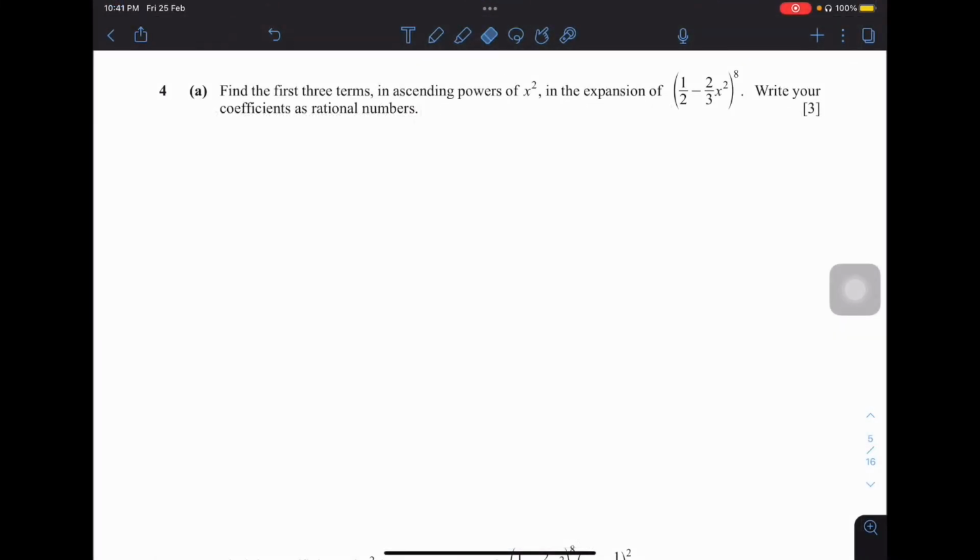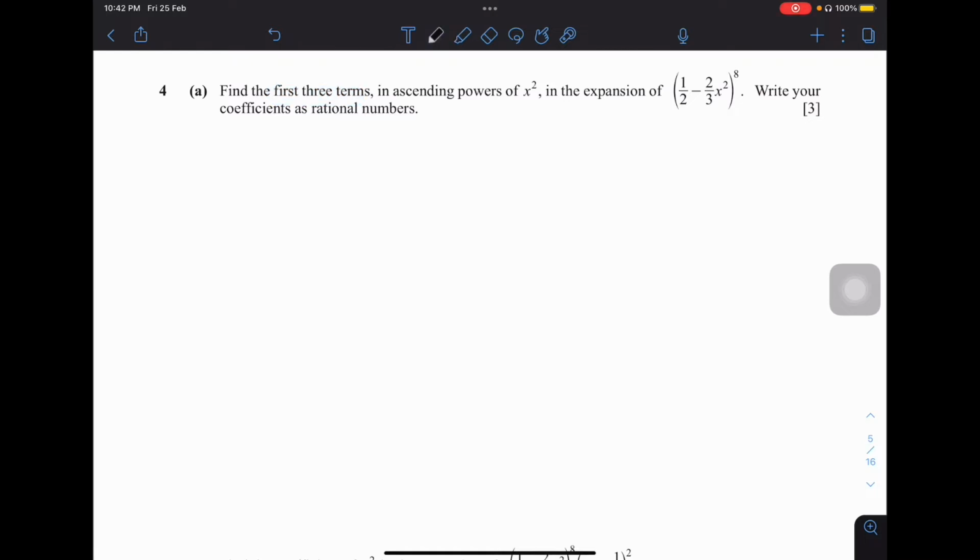Let's see question number 4. Find the first three terms in ascending powers of x squared in the expansion of, and write your coefficients as rational numbers.